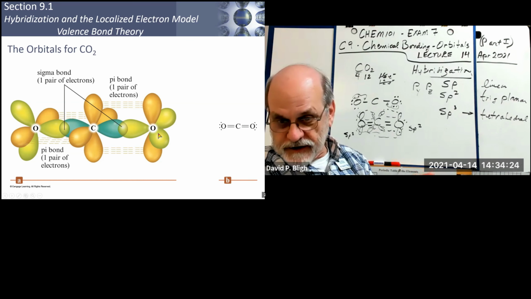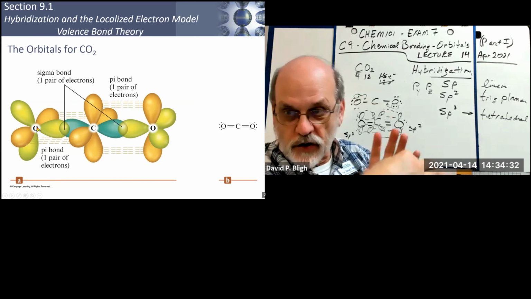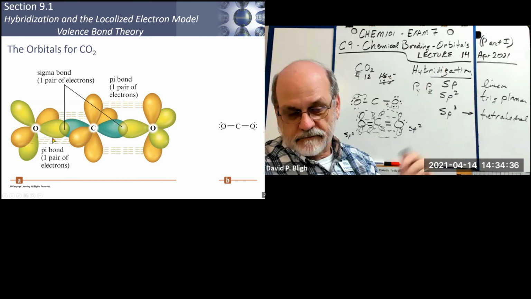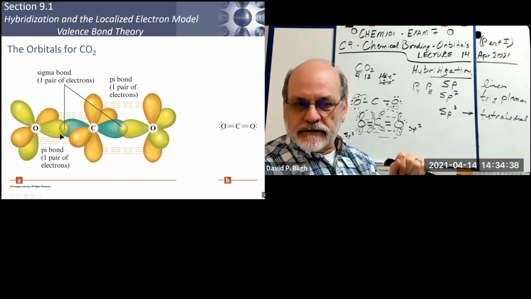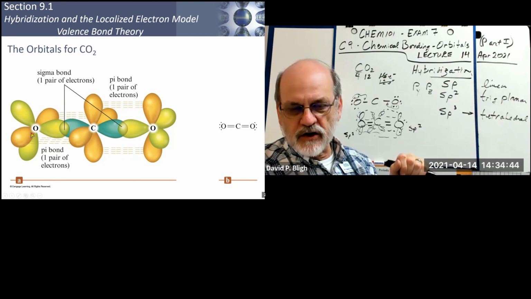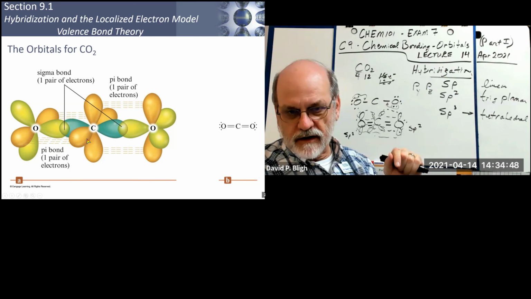And notice that this is a trigonal planar here. This is a trigonal planar here. Only notice it's turned on its side, which is perfectly all right. And then each oxygen has this gold colored unused p, unused p, unused p, whereas carbon has 2 unused p's. There, and there.